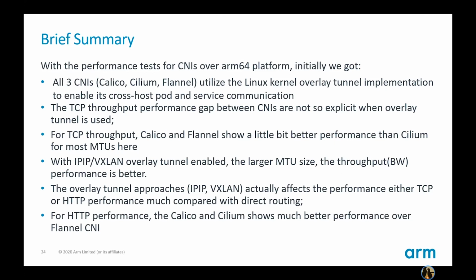But with the IPv6 overlay tunnel enabled, for large MTU size, the throughput performance is better. The overlay tunnel approaches actually affect the performance, either TCP or HTTP, much compared with direct routing. And for HTTP performance, Calico and Cilium show much better performance than the Flannel CNI.